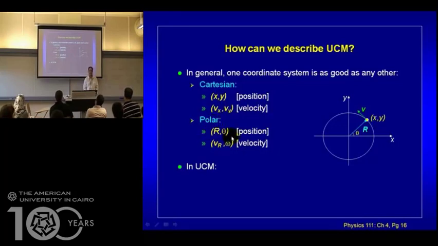Right? How about the velocities? The velocity along x and the velocity along y should be translated to what? Should be translated to velocity along the radius and velocity along that keeps on changing the angle. Remember velocity?